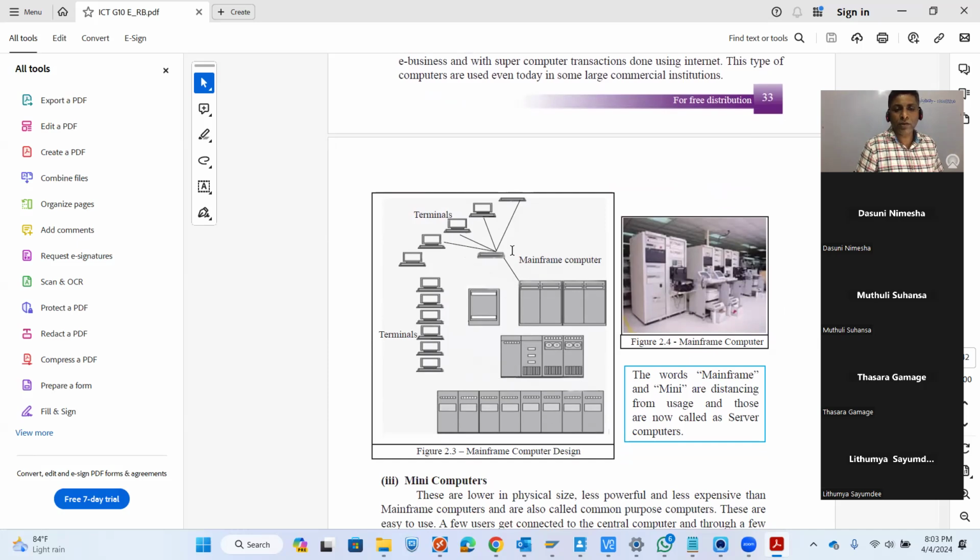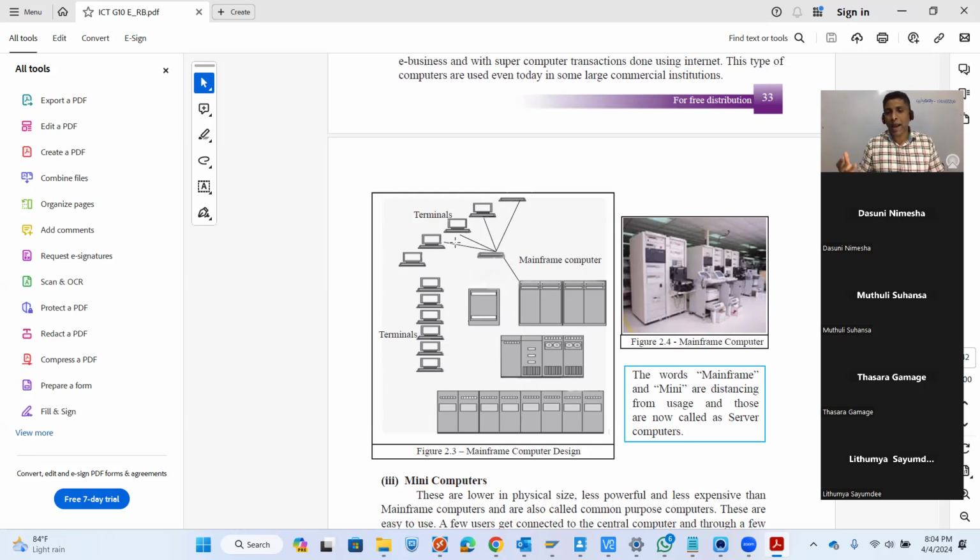So they basically use dumb terminals. They only have a keyboard and a screen, right? There is no system unit. So basically you think like that. All the computing power, the system unit, is inside this mainframe. So according to the power of the mainframe computer, you can connect a number of terminals.